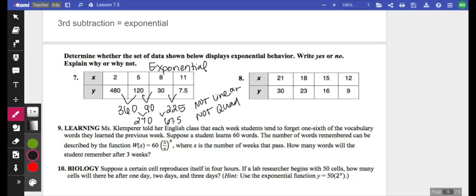I'm going to go to my window, and I want the data for the X's to be between 0 to 15. And my Y values are between 0 and 500. Go to my Y equals, clear out anything that's in there, and make sure that my plotting app is turned on, and hit graph.